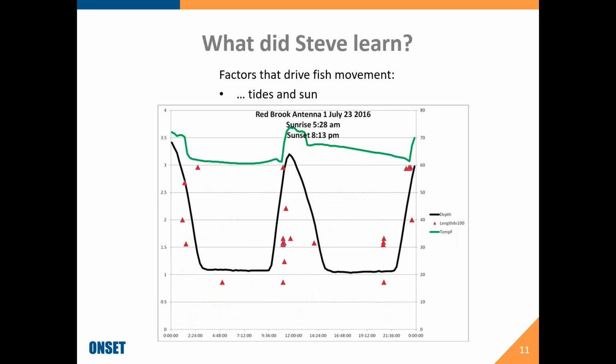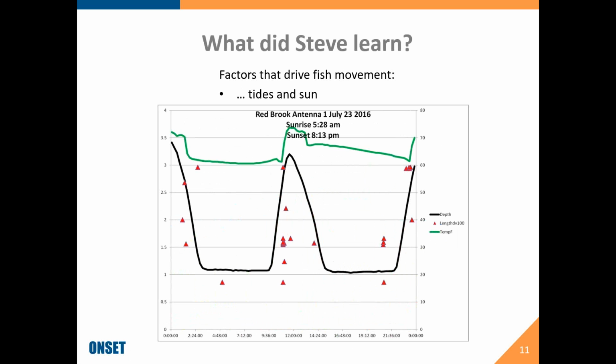Another thing that they found that triggers the fish movement is the tides, as you'd expect. This is a tidal stream, the Santuit Brook, and several of the other streams. And you see this black line here, that's the water depth, and so you can see the two tides over the course of a day.